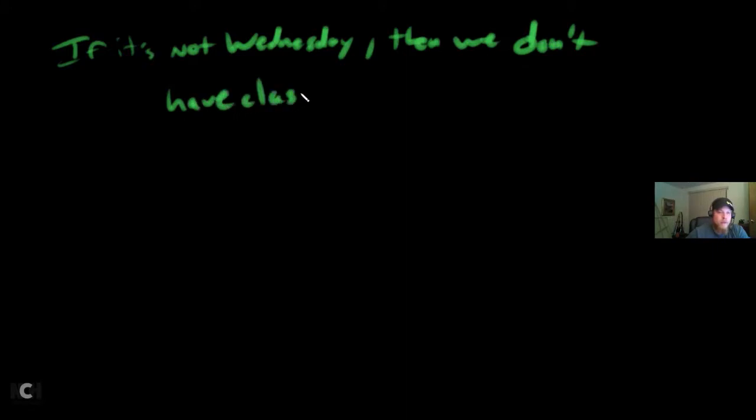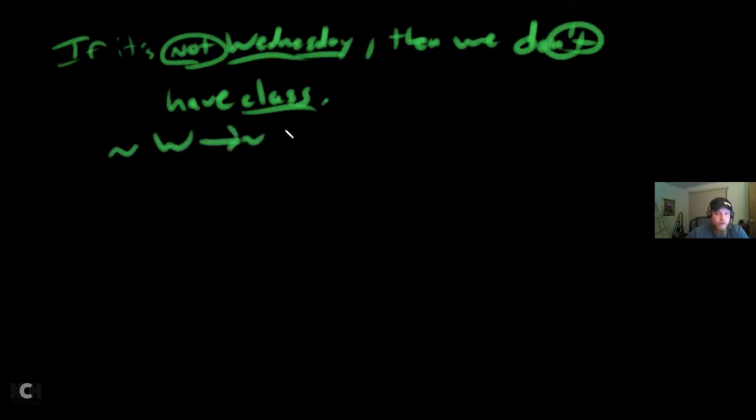Let's say I said something like that. If it's not Wednesday, then we don't have class. Okay, let's say it's Wednesday is W and we have class is C. This would be squiggle W, arrow, squiggle C.